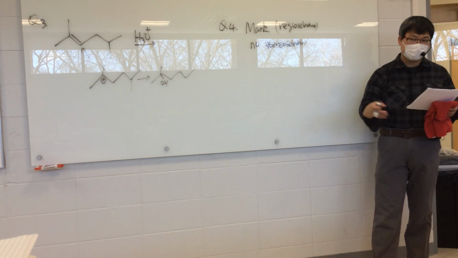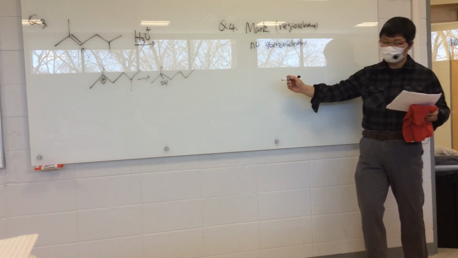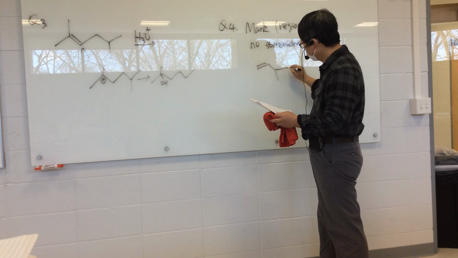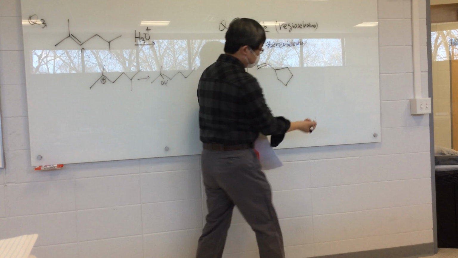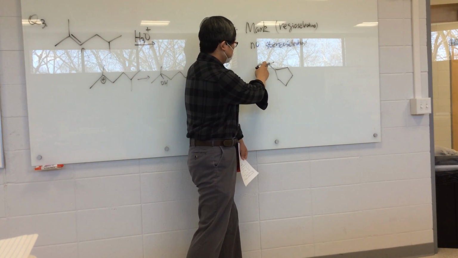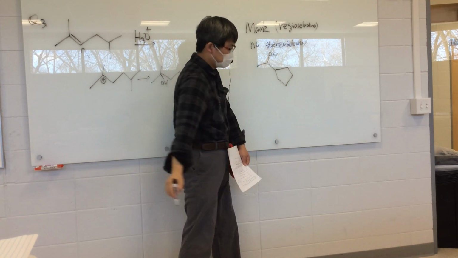To save time, I will not go through it because it's quite simple. We follow this Markovnikov addition. Then the hydrogen should go to the carbon with more hydrogens. The hydrogen should go here, so the hydroxy group should go here.